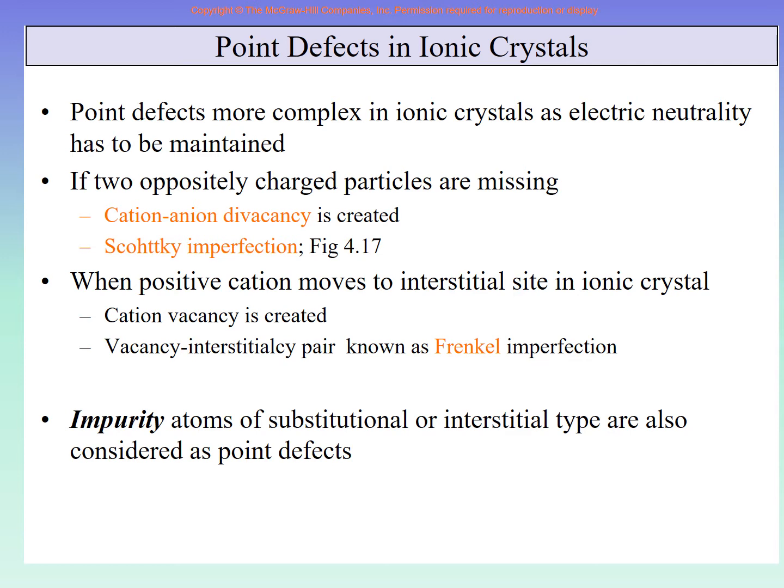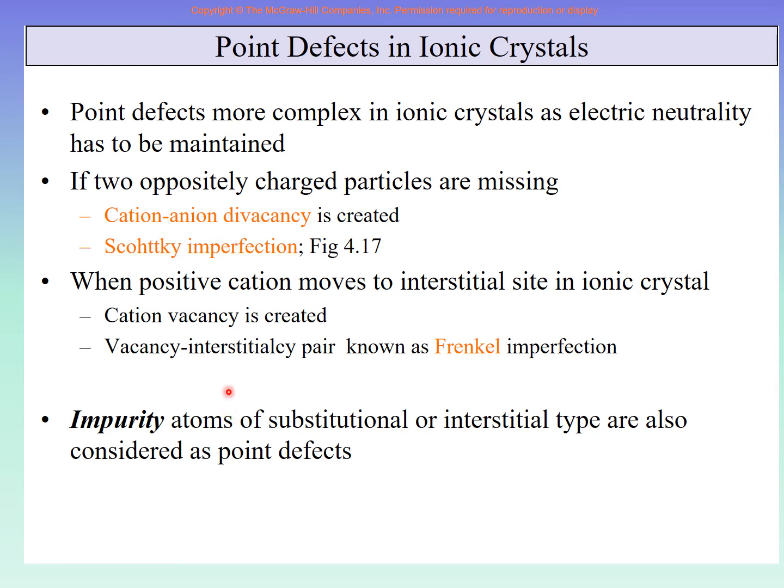Now, there are other types of point defects also in crystal systems. One is called cation anion divacancy, which is also known as Schottky imperfection. Schottky was the scientist who discovered this. We will see how it is a cation anion divacancy. This describes what type of defect it is, and the name is Schottky imperfection.